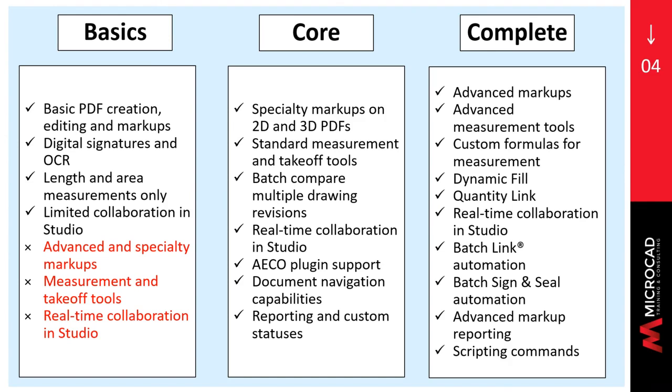So let's say that I need to stamp 100-plus drawings. I'm not going to do that one by one, otherwise I will be doing that by hand, right? So with the complete version, using that batch option is going to be really great.